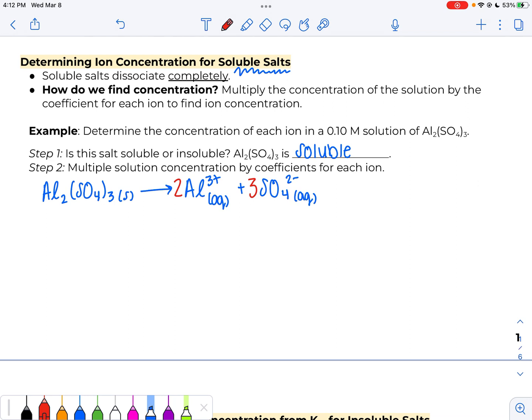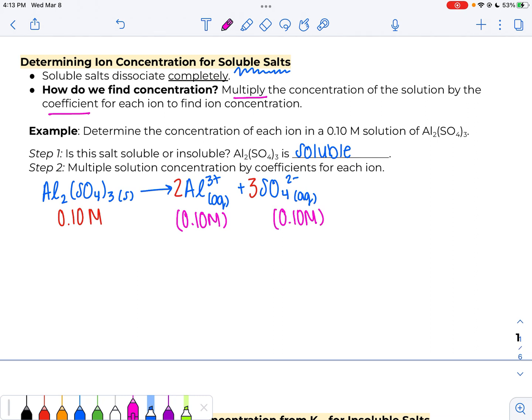So to find the concentration for each ion, we start out with the concentration of our salt. We know that our aluminum sulfate had a concentration of 0.10 molar. So how do we find concentration of each ion? We multiply the concentration of the solution by the coefficient for each ion. So our concentration of our solution was 0.10 molar.